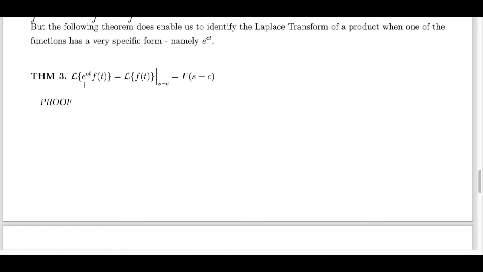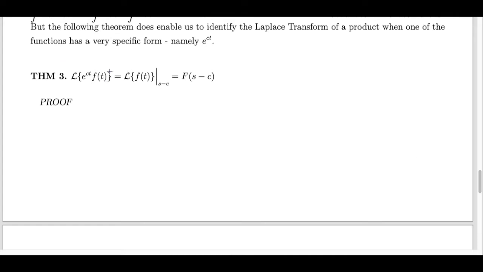And this theorem tells me how to evaluate the Laplace transform of this type of product. I'll just reiterate before we look at the proof that this doesn't work for just two arbitrary functions, f of t and g of t. This only works when I have the function e, an exponential, multiplied by some other function. The proof of this theorem will be an application of the definition.